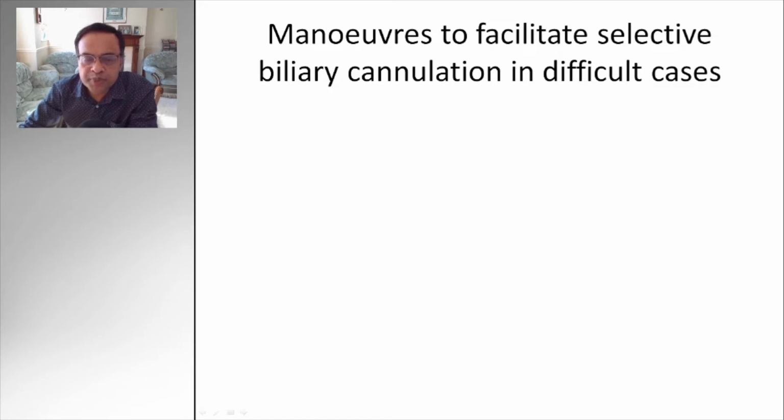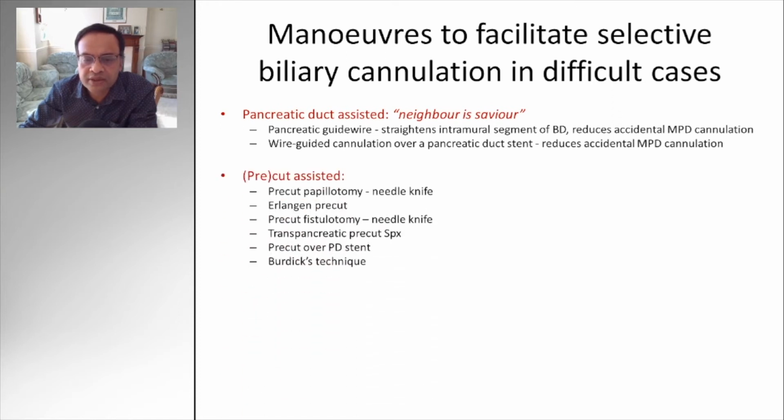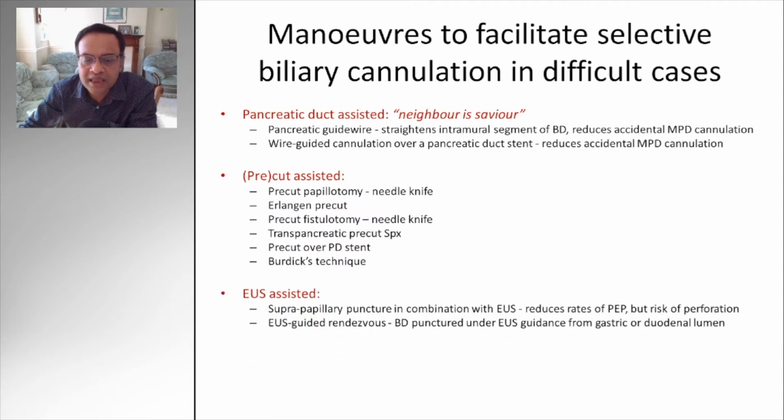Now let us look at the specific maneuvers to facilitate selective biliary cannulation in difficult cases, and this is the main part of this talk. These maneuvers may be divided into pancreatic duct assisted techniques, Precut assisted techniques, endoscopic ultrasound assisted techniques, and traditional percutaneous rendezvous.